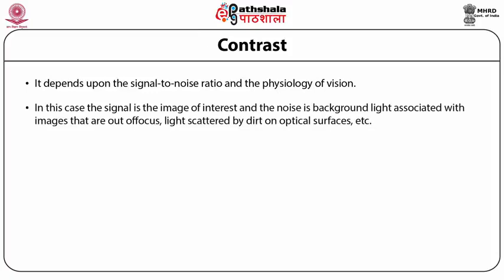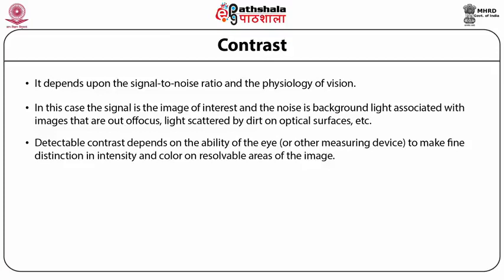In this case, the signal is the image of interest and the noise is background light associated with images that are out of focus, light scattered by dirt on optical surfaces, etc. Detectable contrast depends on the ability of the eye or other measuring device to make fine distinctions in intensity and color on resolvable areas of the image.